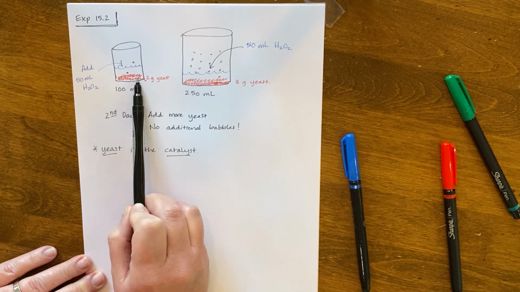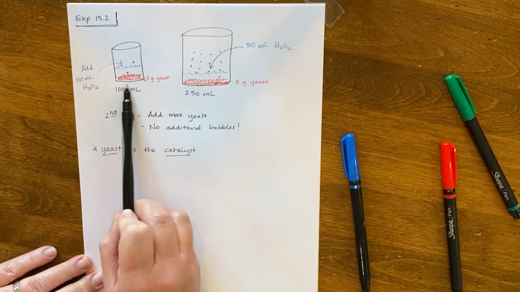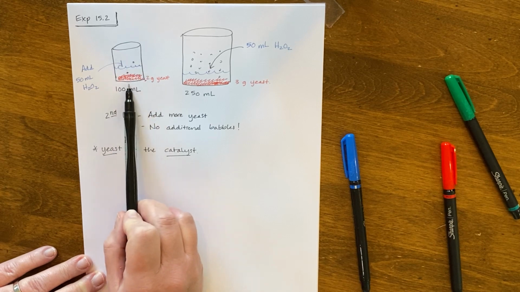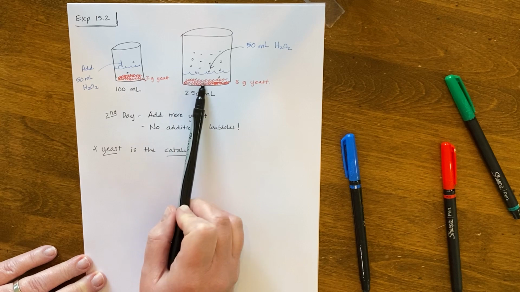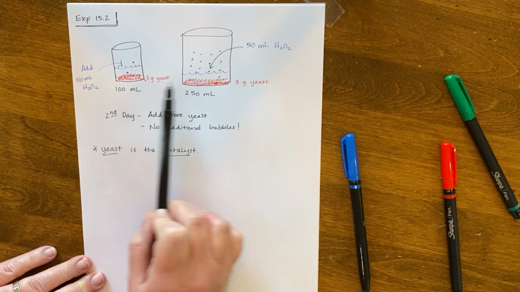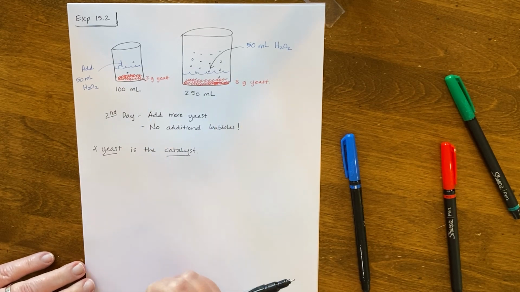Because I had a smaller amount of yeast in the smaller beaker, the reaction was still happening. The hydrogen peroxide was still decomposing. It was just doing so at a much slower rate. But when I let these sit overnight, the hydrogen peroxide in both of the beakers completely decomposed.